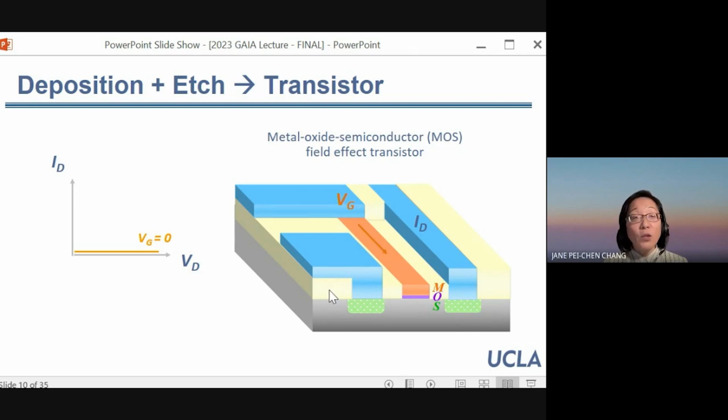If you put a potential, a voltage on the metal gate, you're going to induce a channel layer that connects the green area, the source and drain. And now if you try to pull the current, you will see the current flowing from left to right.